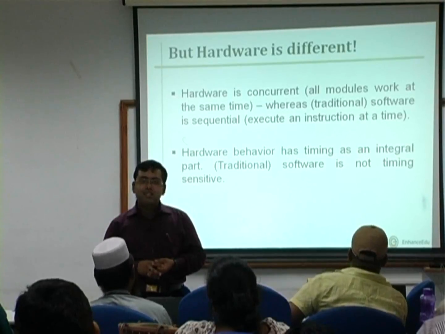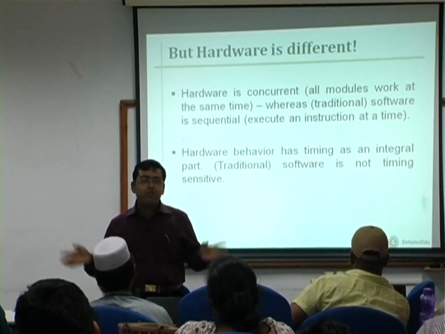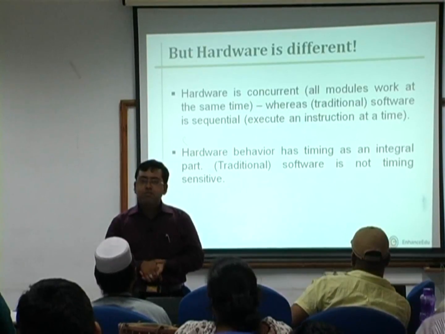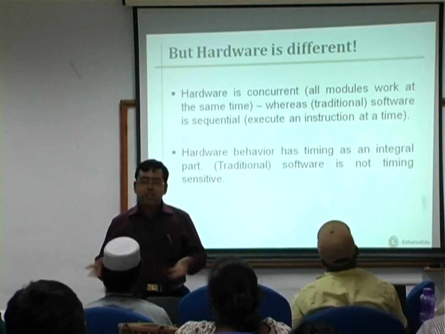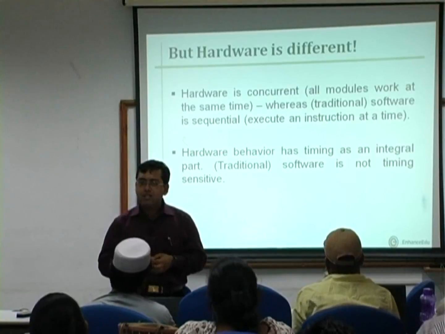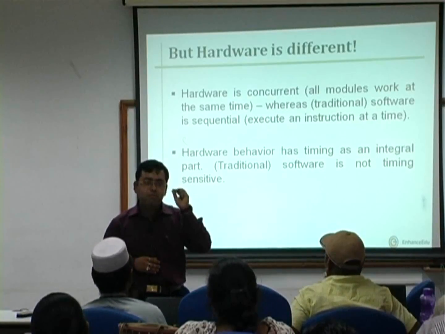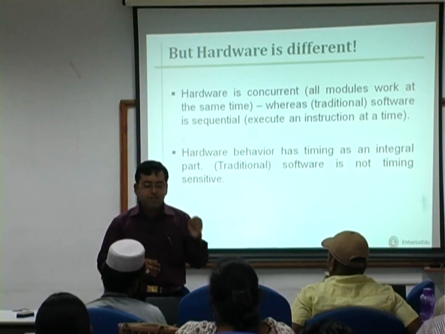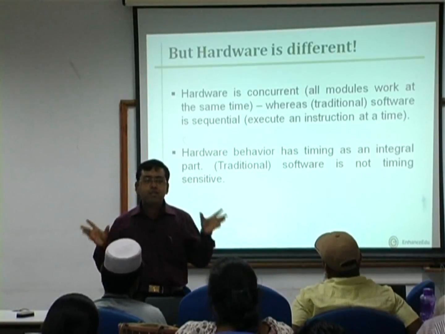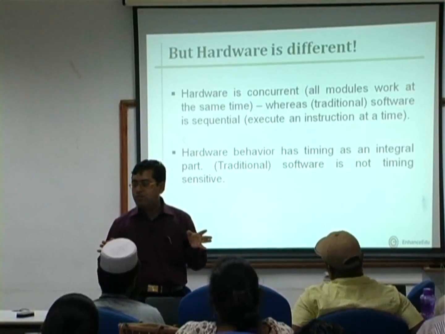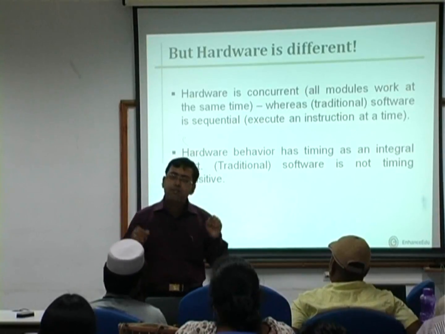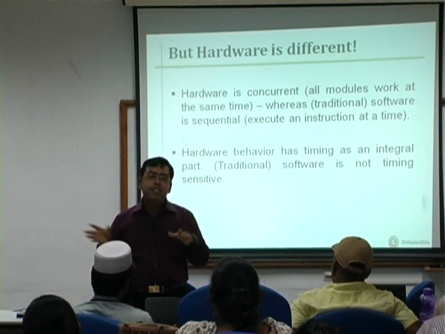So we feel that we should be happy by just borrowing our notions from some book like Pressman or so, and develop some CAD tool with that philosophy. But there's a big but to it. The hardware is concurrent. So if you have two hardware modules connected to the same input, the two modules will run concurrently when any change in inputs occurs.